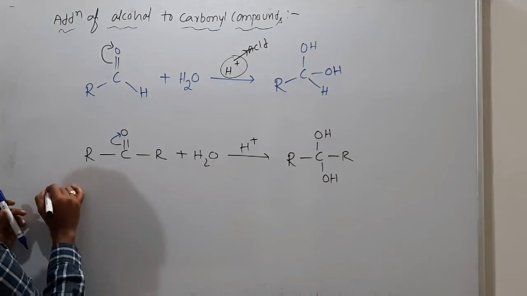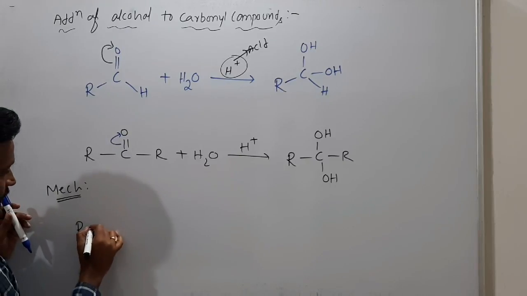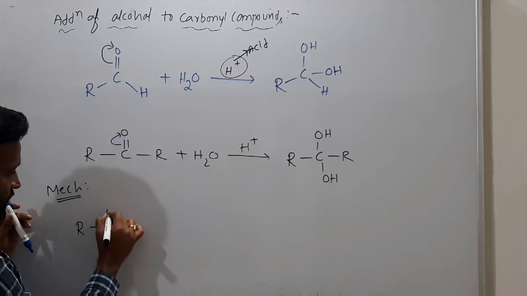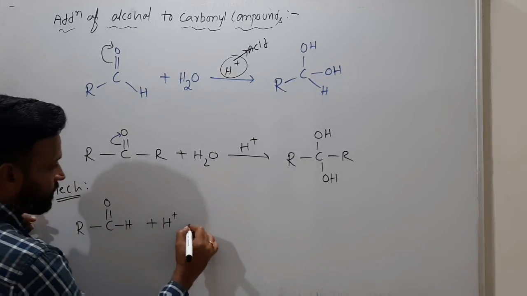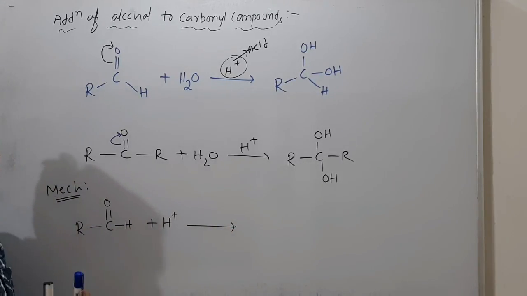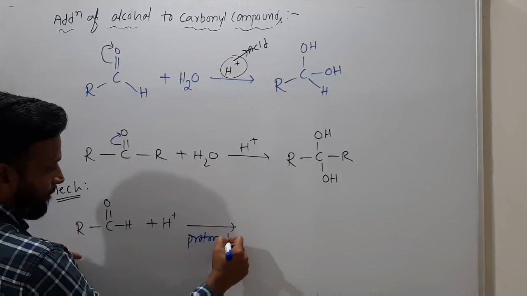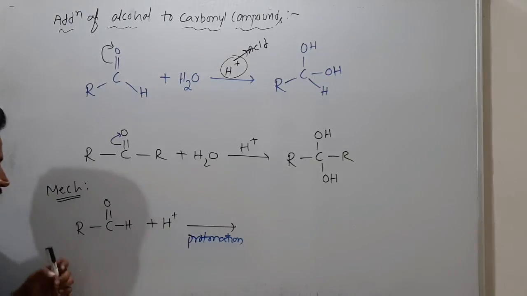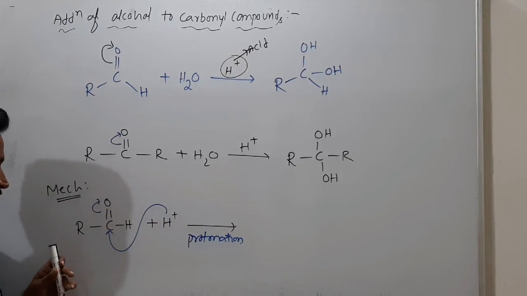If you see the mechanism, see what happens. First I am taking R, C, double bond O, H. For this, H plus addition, protonation first. What is this step called? Protonation. In protonation, this H plus will add on this oxygen and this bond will migrate towards oxygen.